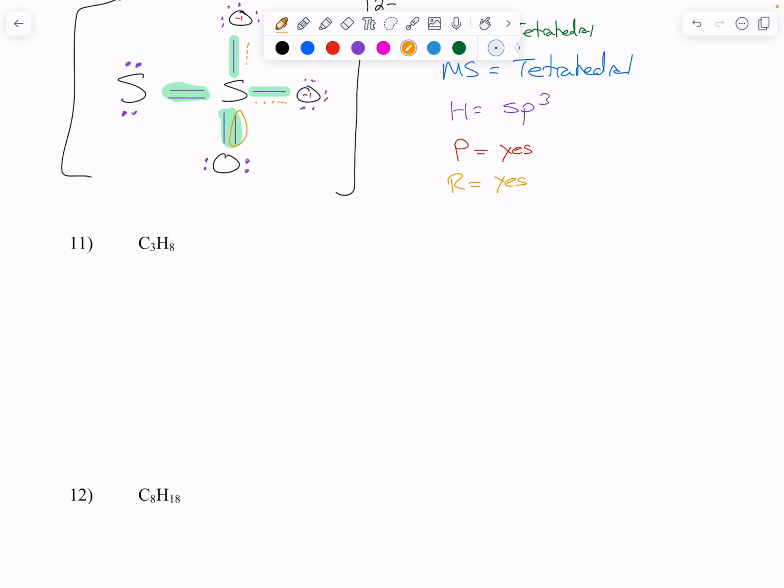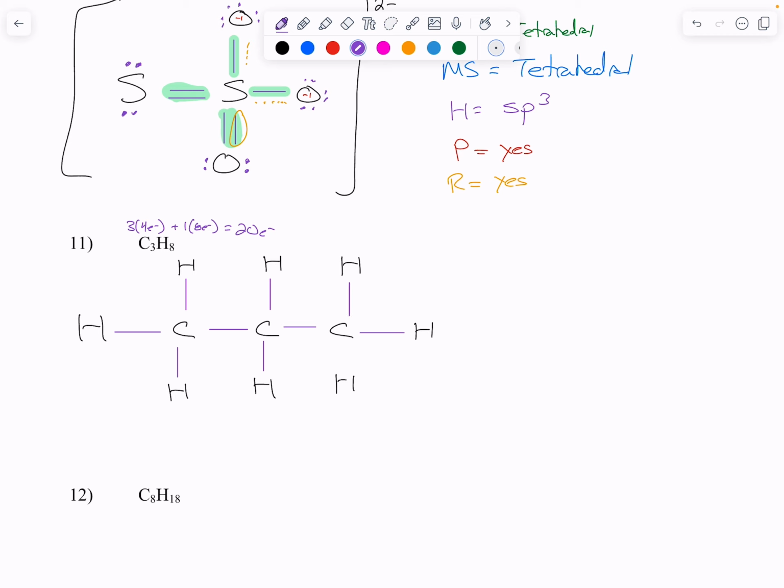Propane. All right. 3 times 4 electrons, 8 times 1 electron. That'd give us 20 electrons. So this is a hydrocarbon. And your basic hydrocarbon: 2, 4, 6, 8, 10, 12, 14, 16, 18, and 20.